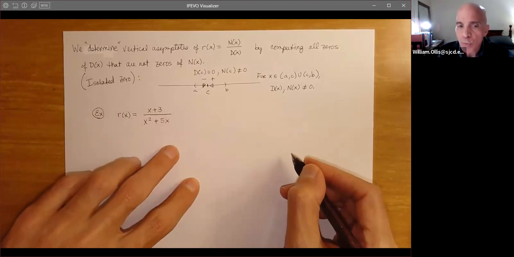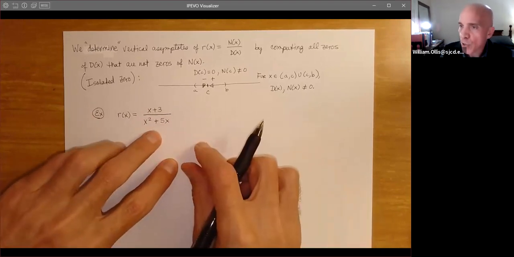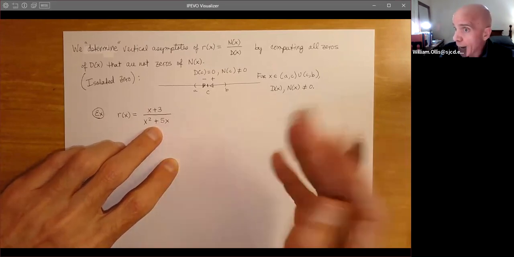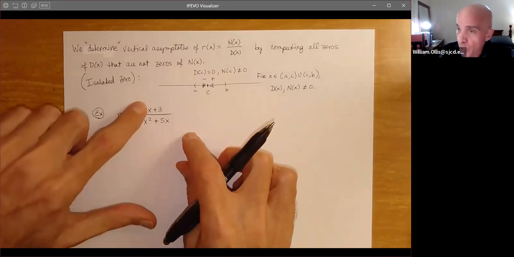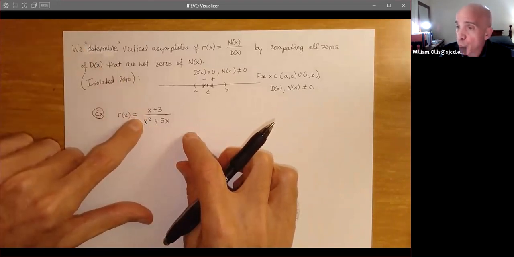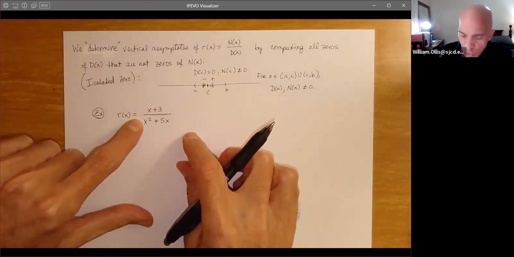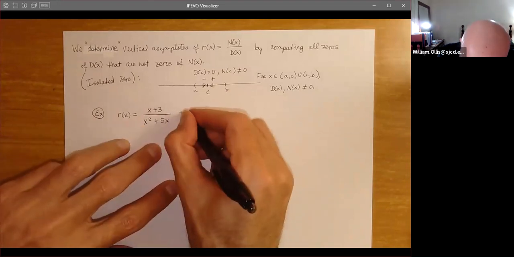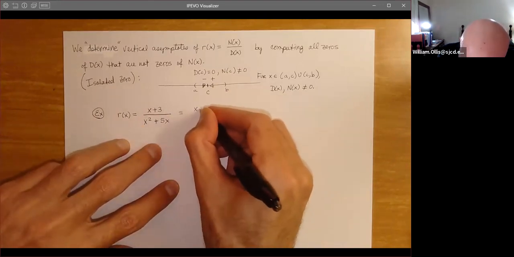So when we look at this, we first see that this is a ratio of two polynomials. And while we're at it, we might as well get used to this. The degree of the numerator is 1, and the degree of the denominator is 2. So we think, okay, let's just go ahead and factor this and figure out the zeros of the denominator. So we have X plus 3.